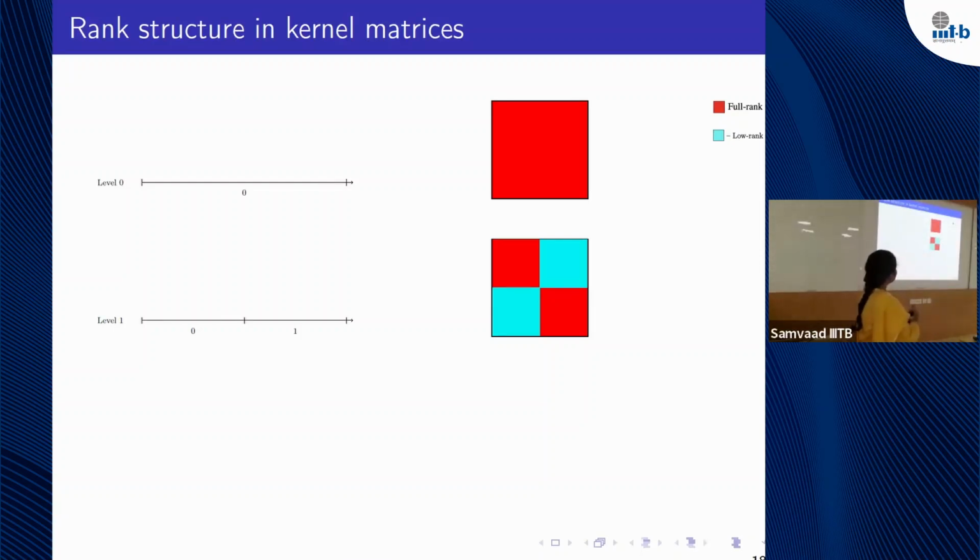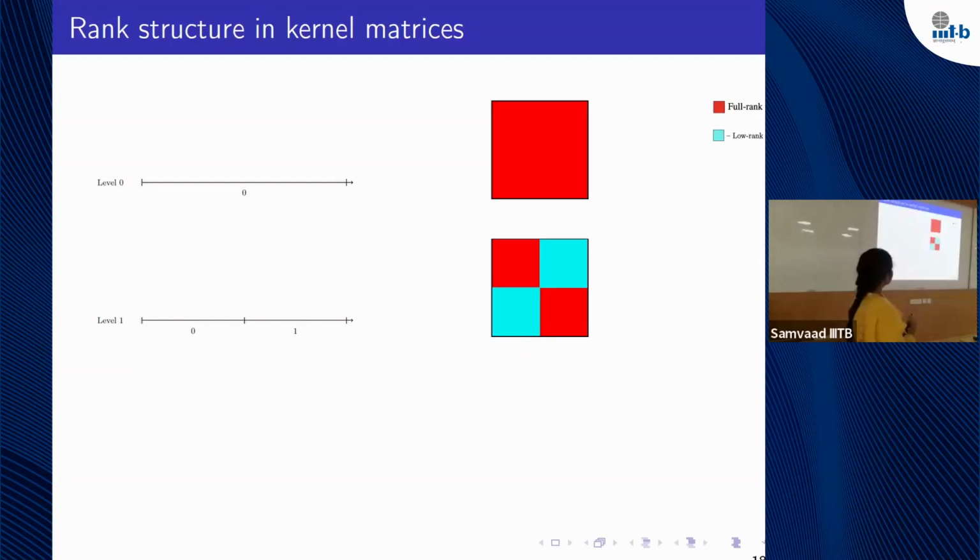So this particular submatrix corresponds to 0, 0 interaction. This corresponds to the interaction between the points in this cluster and the points in that cluster. Similarly, this corresponds to the interaction between points in this cluster and points in the other cluster. And this is the interaction between points in this cluster with itself.